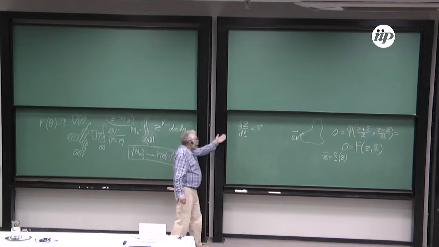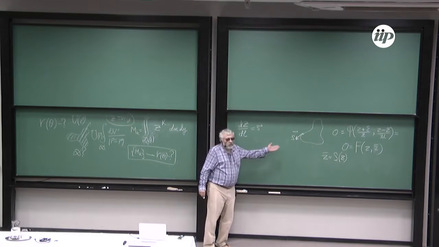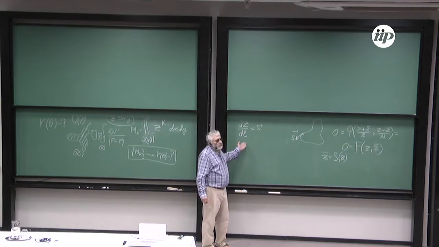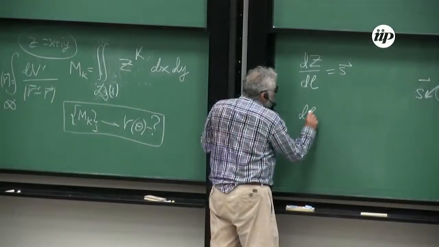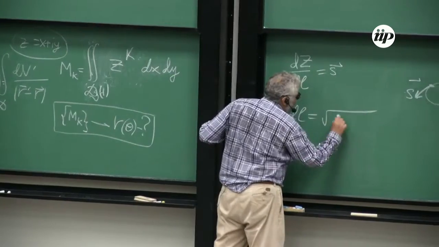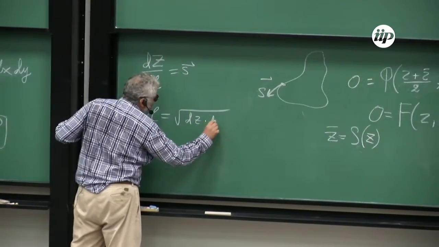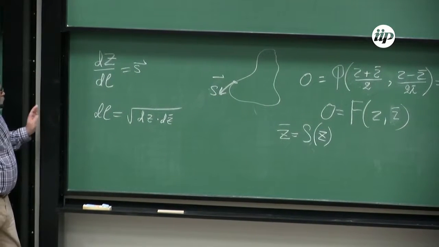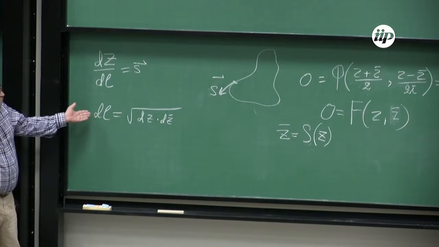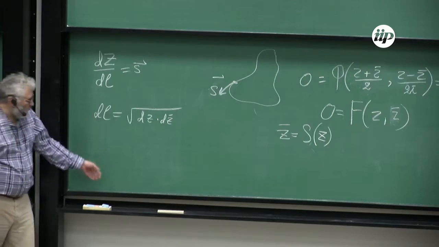Indeed, it looks along the tangent, and its length equals 1 because of that. You see that the absolute value equals 1.